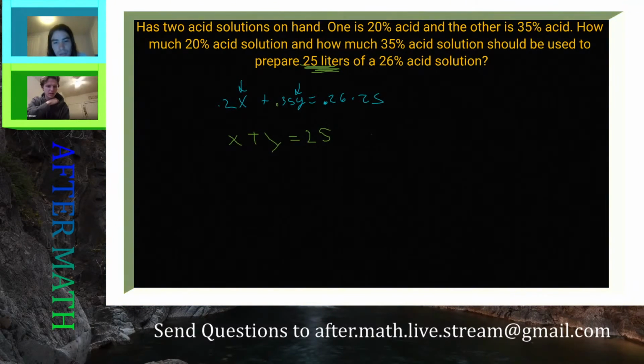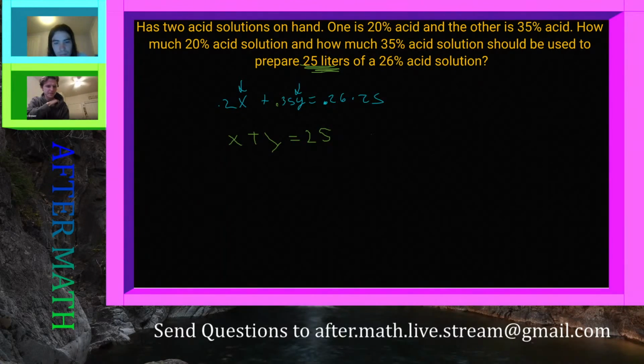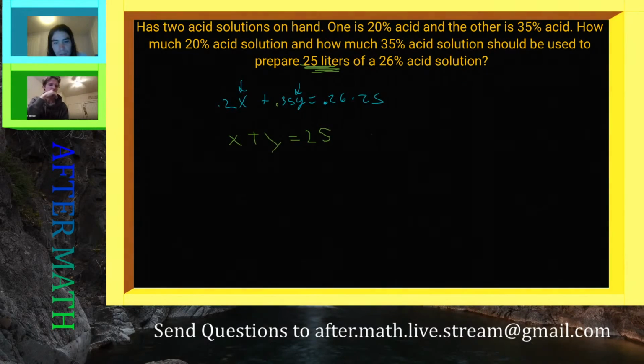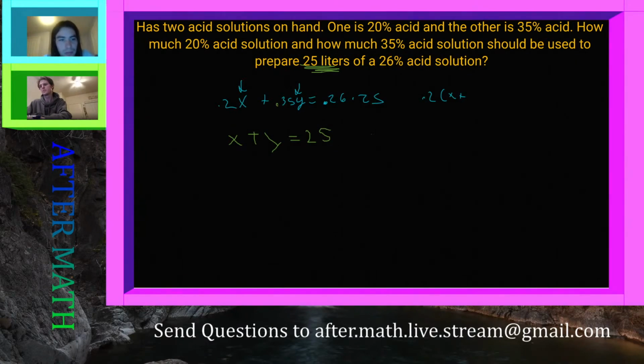I'm just trying to think if I'm doing something weird here. Because what I'm thinking, just thinking out loud, is because we have 2x plus, or if we did, never mind.